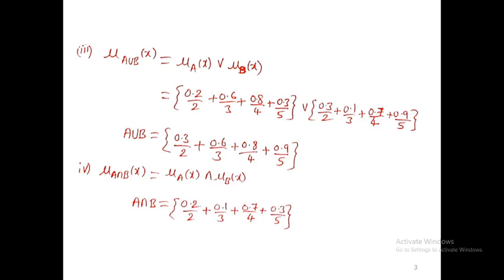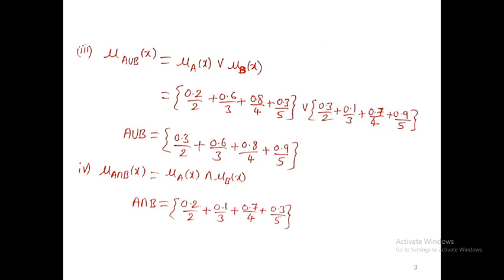A and B sets are mentioned. To get the union operation, union means we need to get the maximum portion out of both A and B sets, right? That's what we have seen with Venn diagrams also. Here at point 2, from A you have 0.2, that is 0.2 by 2.